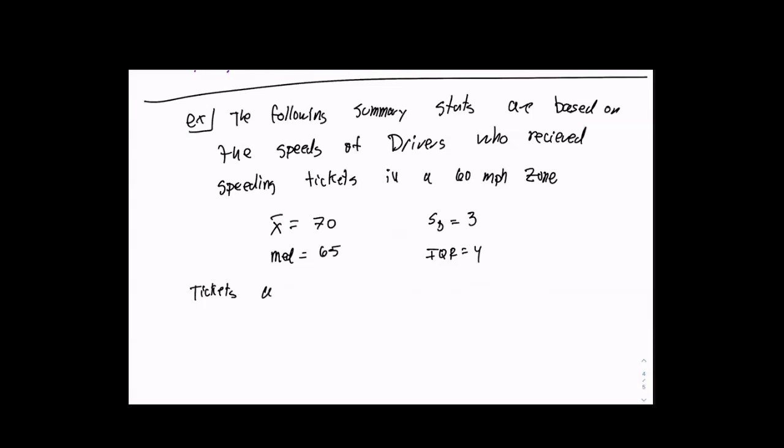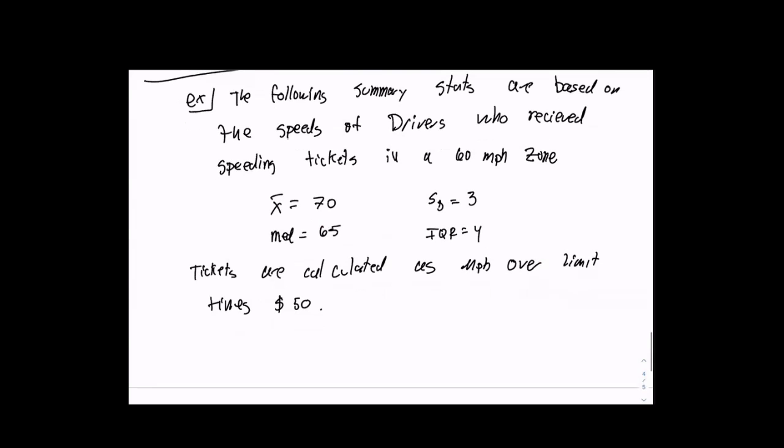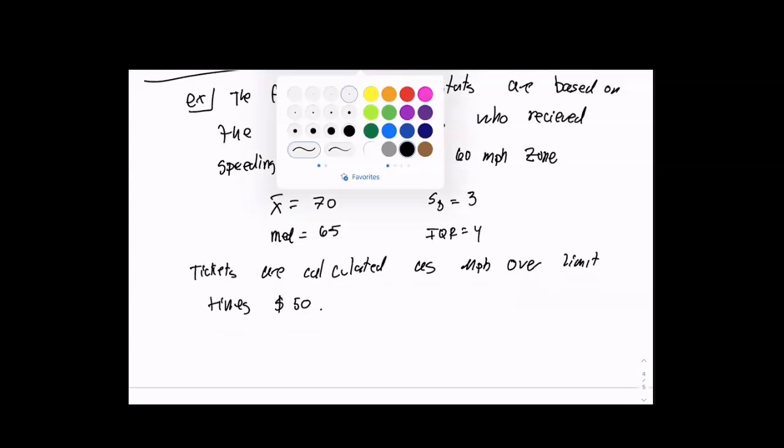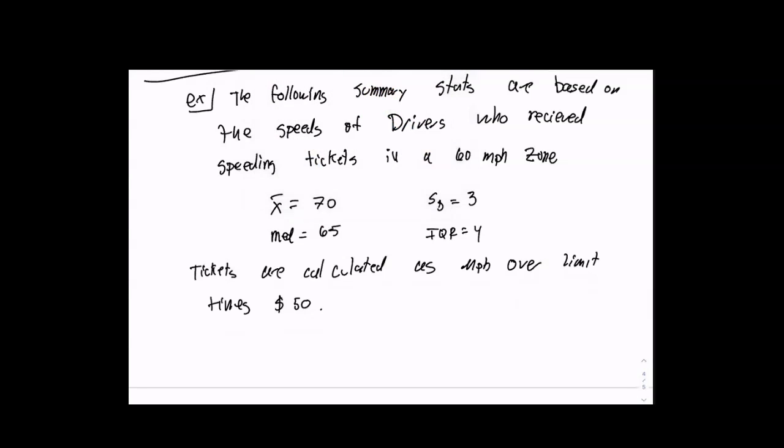Tickets are calculated as miles per hour over the limit times $50. Okay? What's my formula? What's my transformation formula then? So Y is my ticket price.